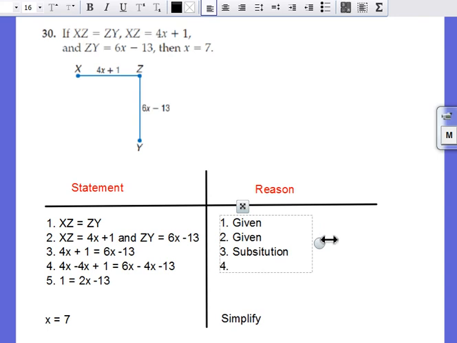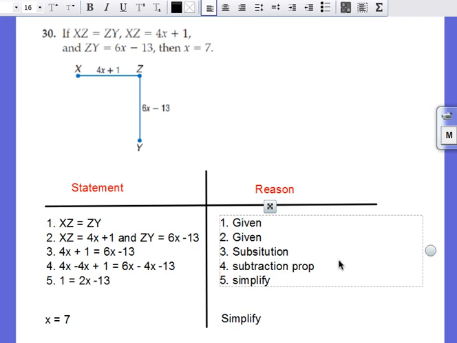So what do we do in step 4? We actually just subtract this, so we just put subtraction property. And then step 5, we just simplified. Alright, step 6, I already know what I'm going to do because I have to move the 13, so I might as well just write the reason, which is addition property.